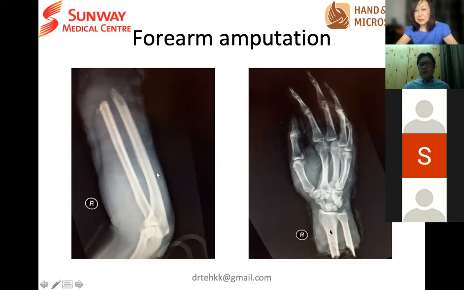We may even put a plate or wires into the bone. Then the anesthetist will go to the emergency department, try to stabilize the patient and get the patient to the theater. When the patient arrives in theater, we will quickly plate the bone, then anastomose the artery, and then do all the tendons.